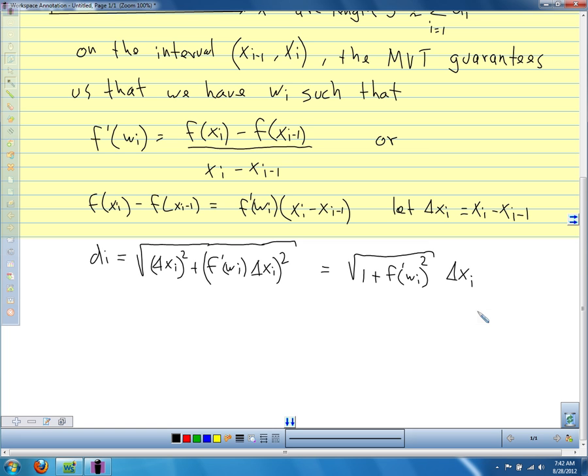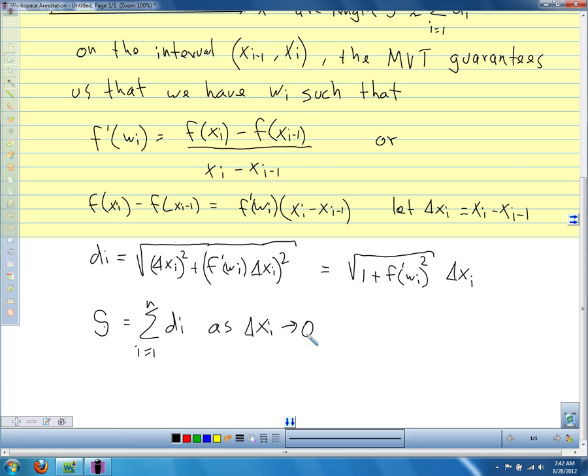And our arc length we said was, make sure it looks like an S, S is the sum i equals 1 to n as we subdivide these intervals, and we let delta x sub i approach 0.